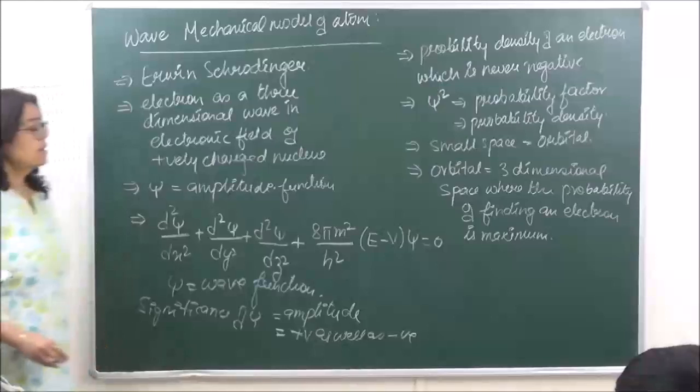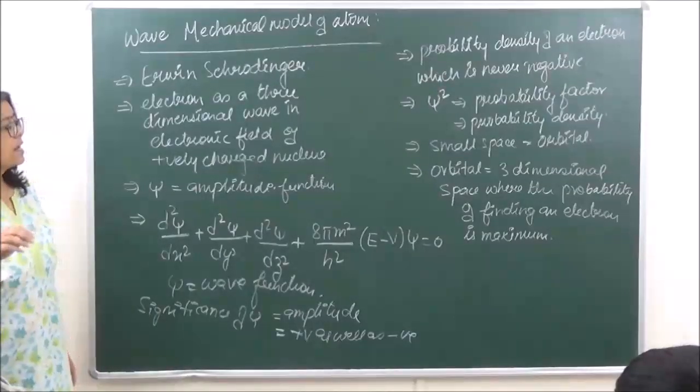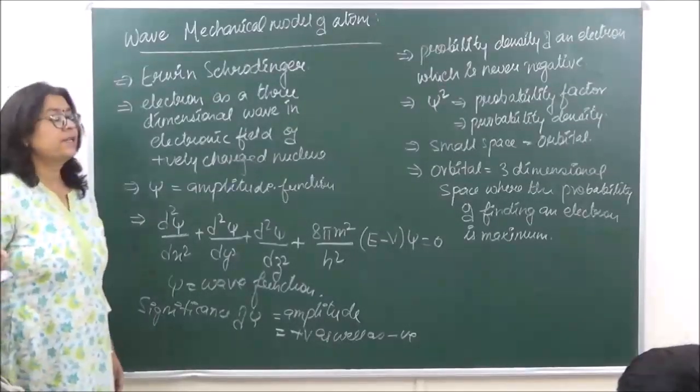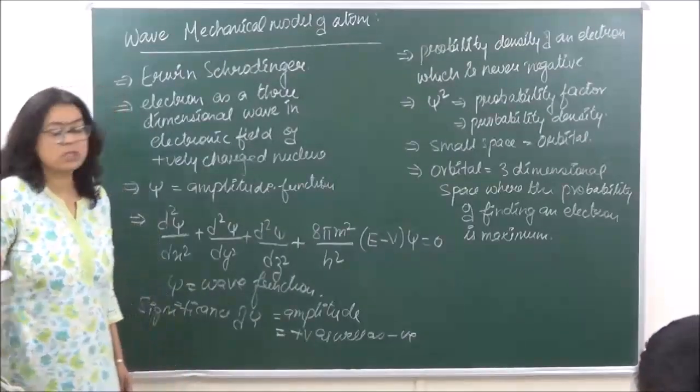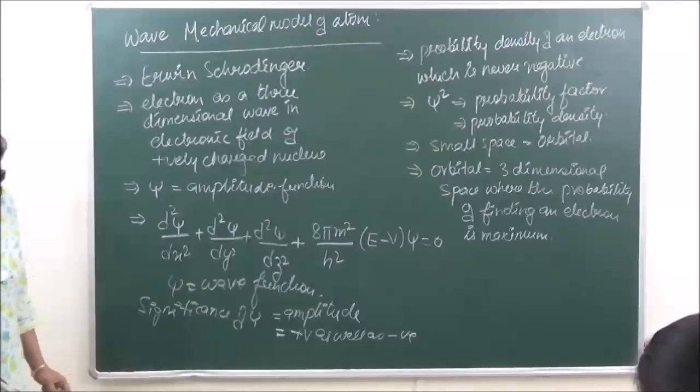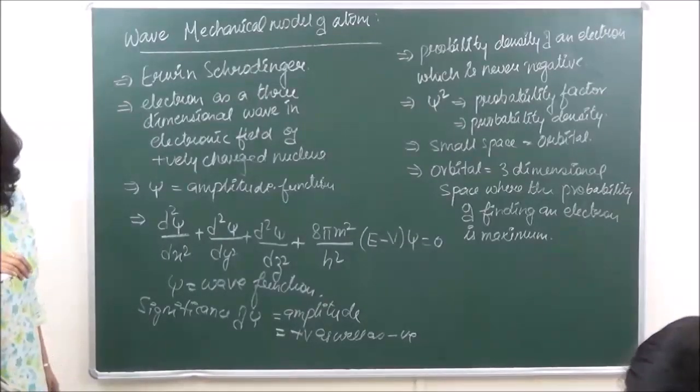Okay, so next to orbit, when we are describing the wave character, the new term orbital came into being, which was a three-dimensional space where the probability of finding an electron is maximum.